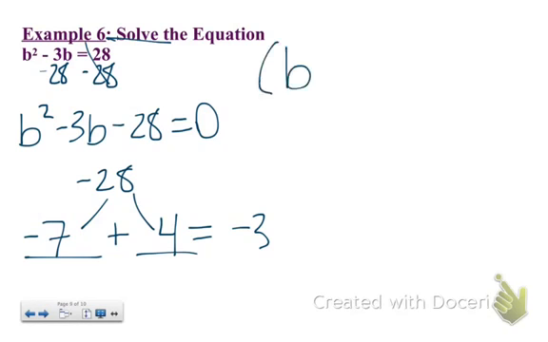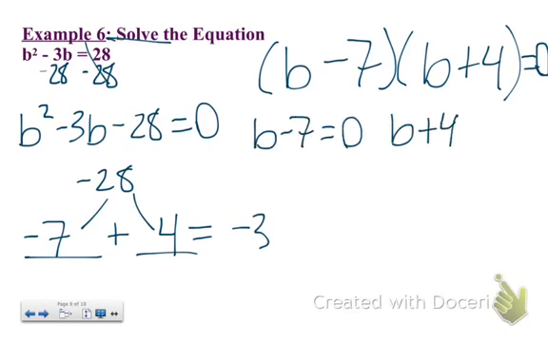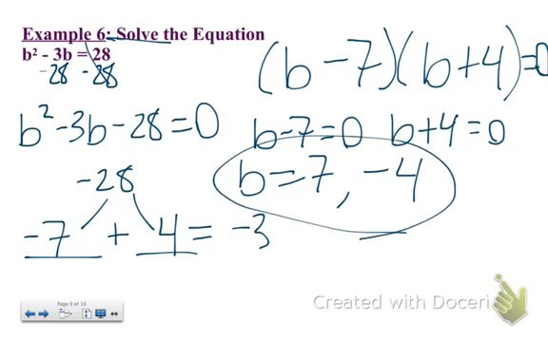So now I have b minus 7, b plus 4 equals 0. So b minus 7 is equal to 0, and b plus 4 is equal to 0. So b is equal to 7 and negative 4. And that's it for this section.